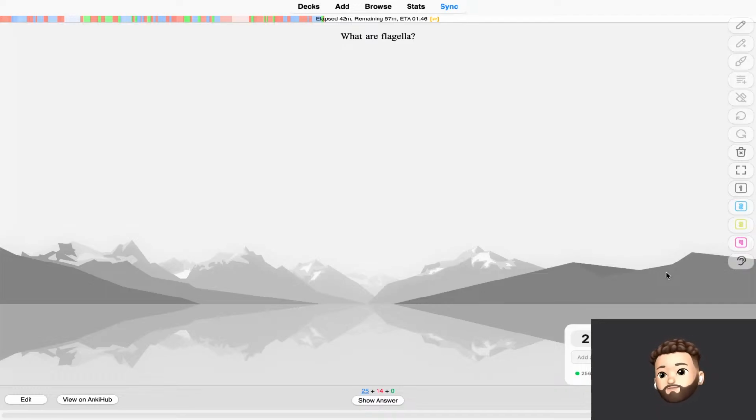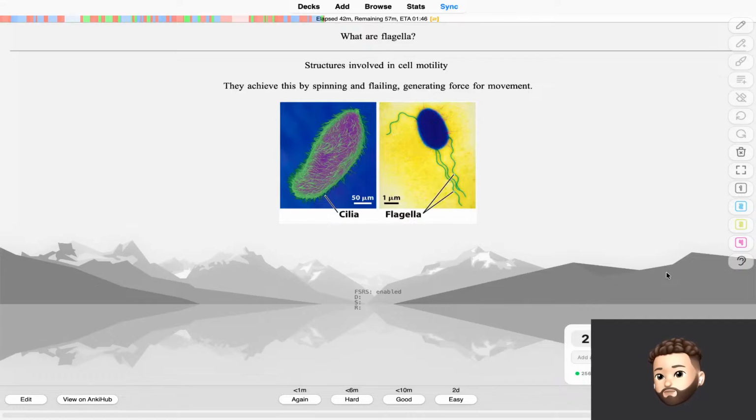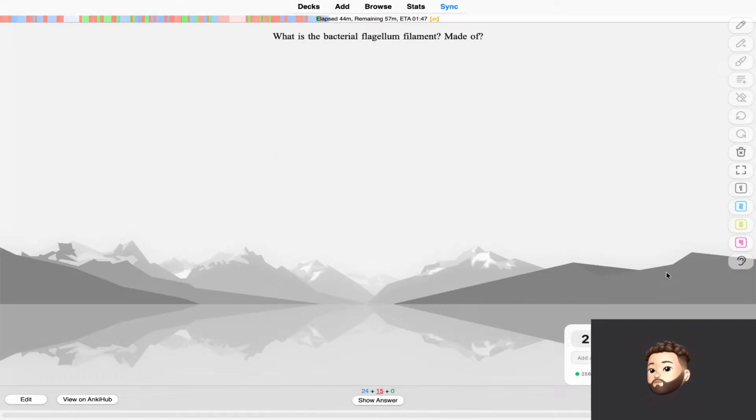It's like a propeller. Structures involved in cell motility by spinning and flailing, generating force for movement. The filament is a long, hollow helical structure comprised of flagellin.